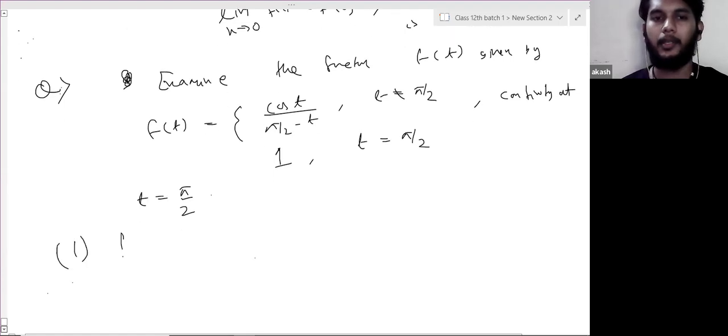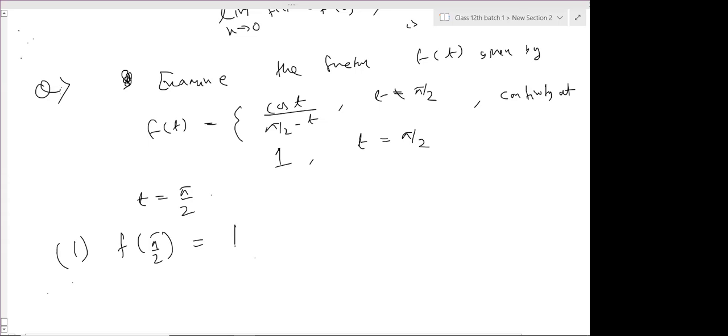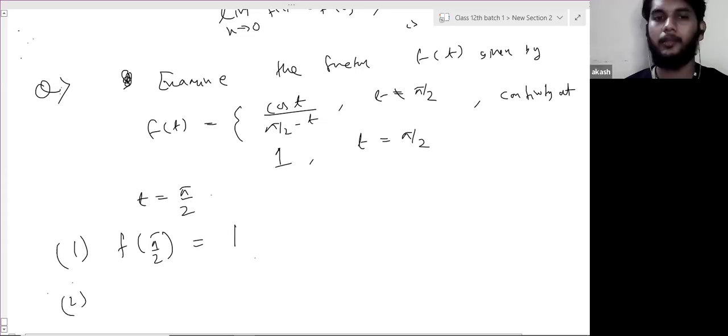So first, f of pi by 2 will be equal to 1. Next, we want to find the limit as x tends to pi by 2 of f of x.